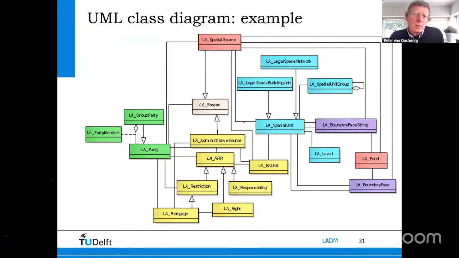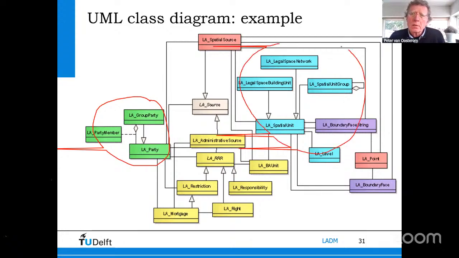And here you see a UML model. I will not go into explaining the details; I will do that in one of the next lectures. But you see a number of groups. In green, you see everything related to persons, parties, group parties, and membership in group parties. In blue, you see spatial units or parcels, and they have a certain structure.